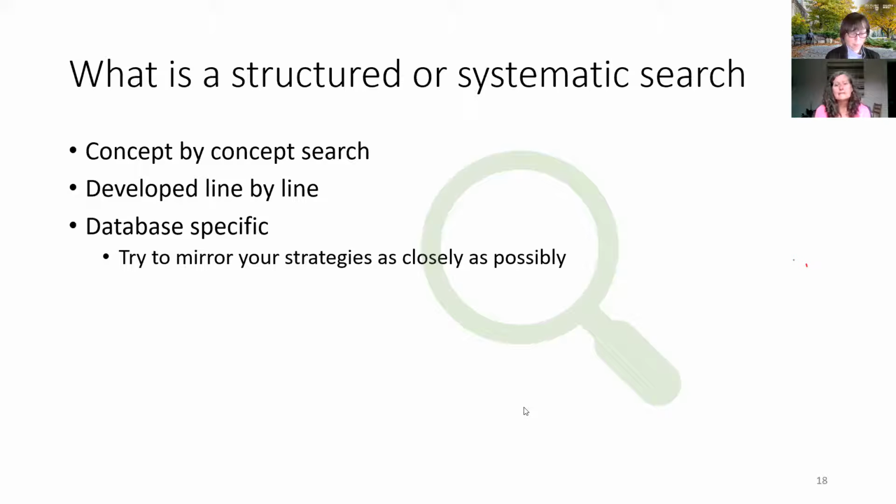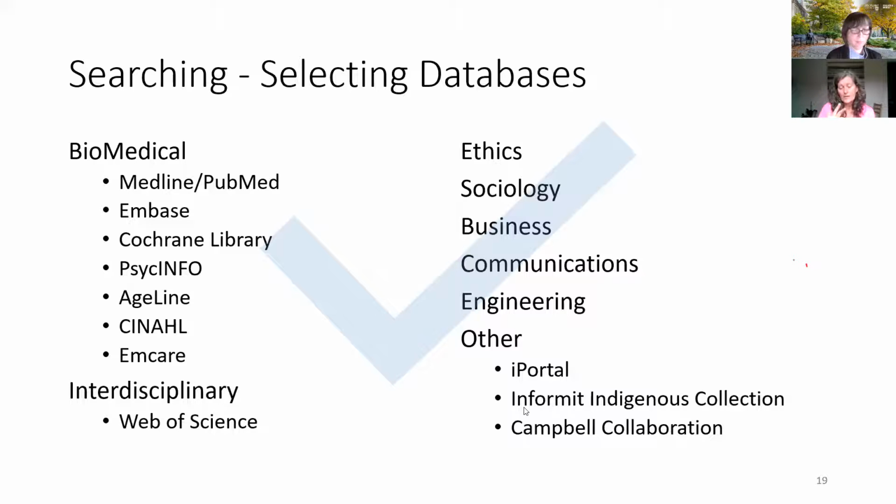So your database is very important. And again, because this is comprehensive, you are going to be very, very decisive about what databases you're going to look in. And often a search, I think always, a systematic review will require pre-searching. So you need to have an idea what database is going to work before it becomes your formal search process. So we have some here listed for the medical, the health sciences, the biomedical, the interdisciplinary ones.